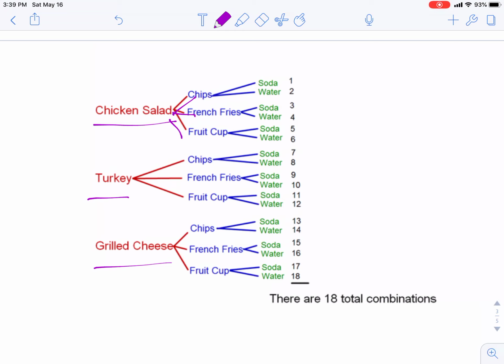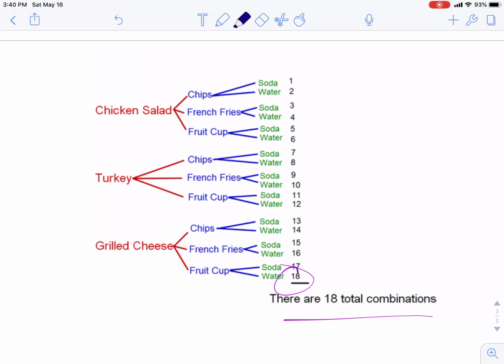And then each side had 2 options for a drink. It was either soda or water. So when we go through and make our tree diagram, we can count up the right side here. 1, 2, 3, 4, 5, 6, all the way down. There are 18 total outcomes.